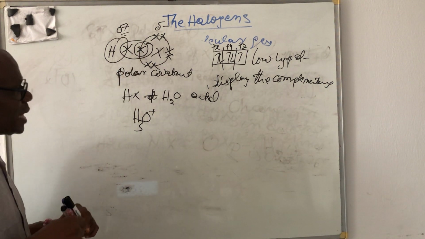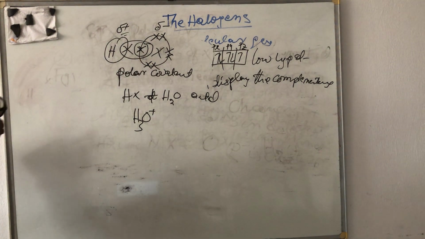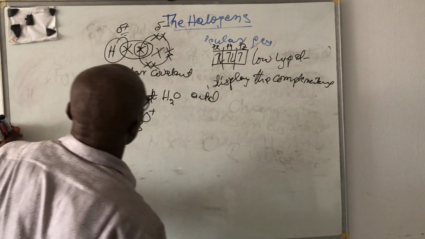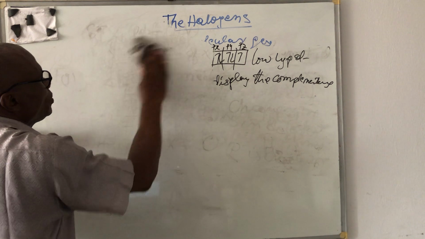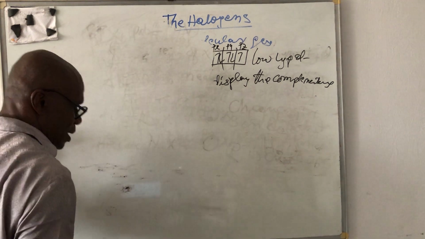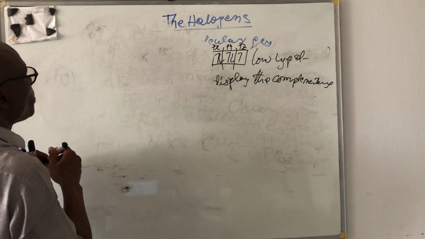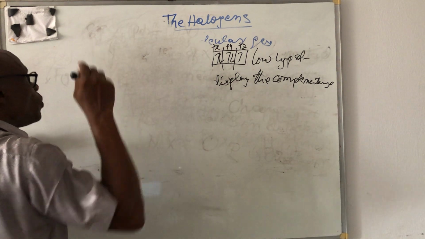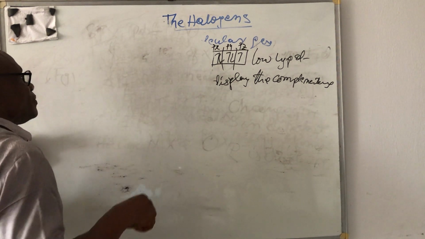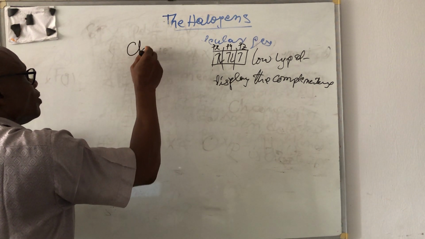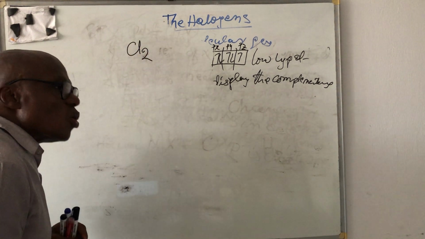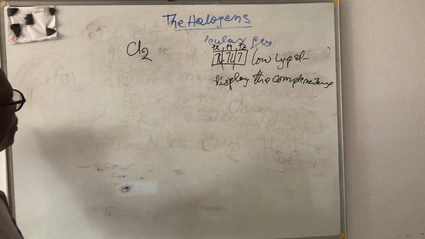So at that point, we move ahead to see how they form non-polar covalent bonds. They will form non-polar covalent bonds when they react with themselves. That is to say, if chlorine reacts with chlorine to form Cl2, we call it a homonuclear molecule.